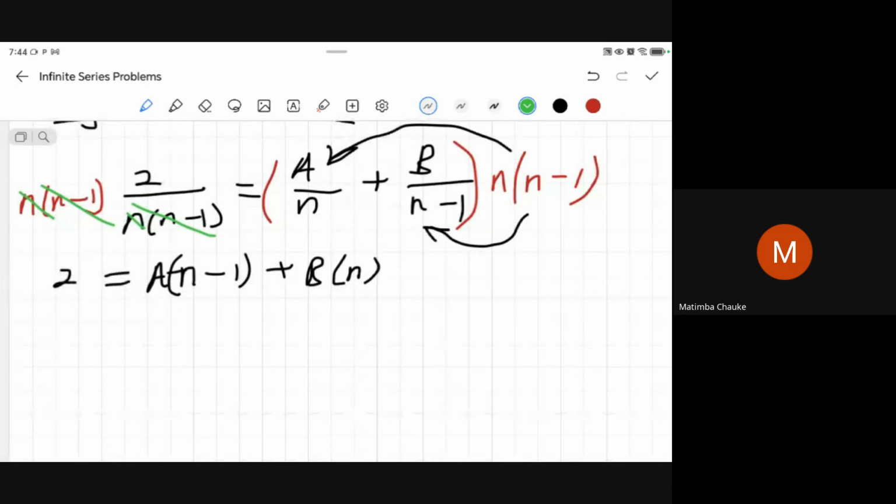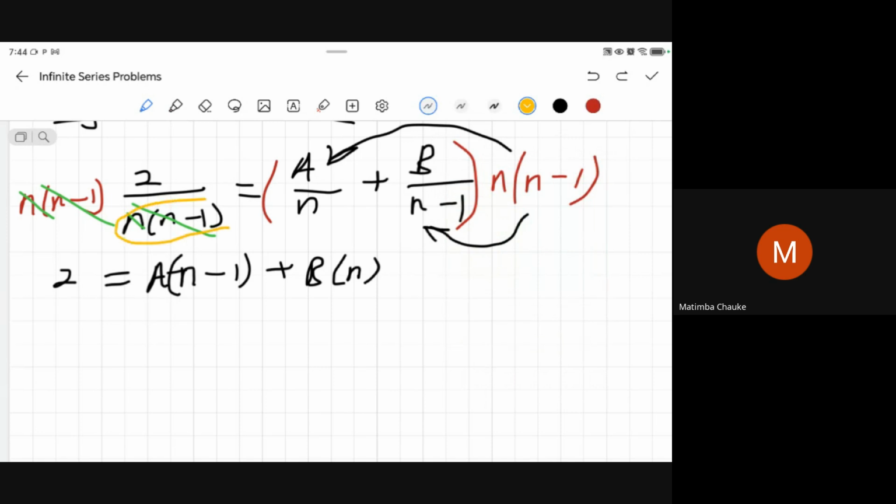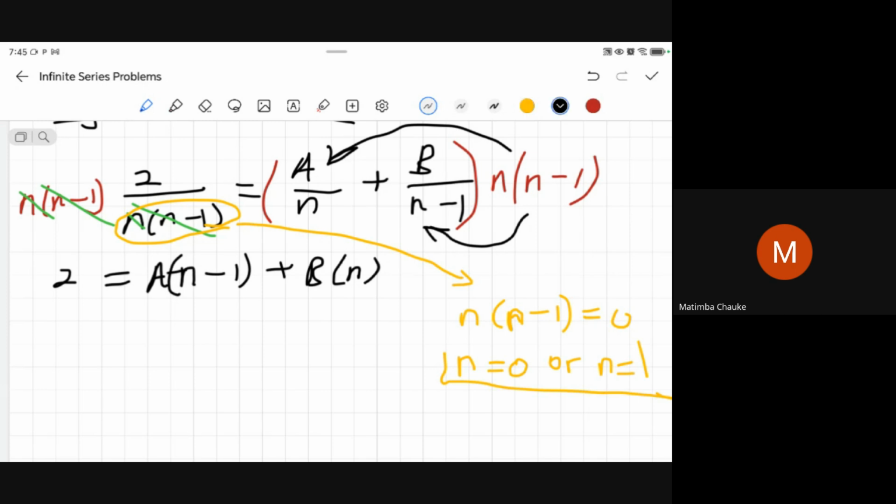For you to find those values, if n equals to something, you need to take n times n minus 1 equal to 0. That means that we're going to have n equals 0 or n equals 1. So if n is equal to, let's start with 0, then we're going to plug 0 wherever there's n.